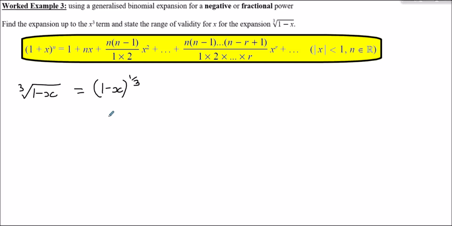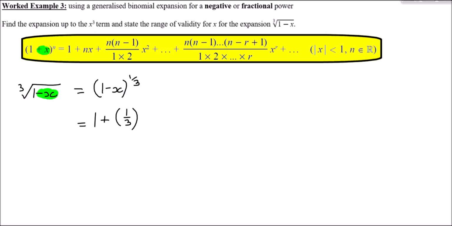So the first term is going to be 1, obviously. Then it's going to be the power multiplied by x, or whatever is after the 1. So this time the power is 1/3. Now in our case, our positive x is actually a minus x.